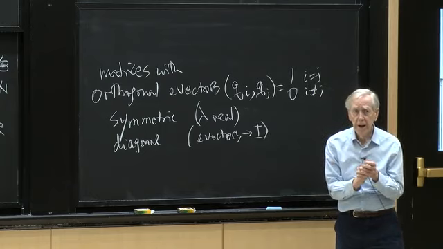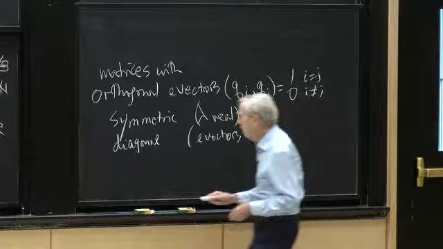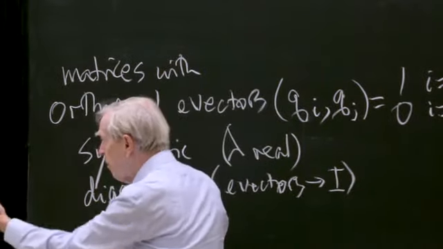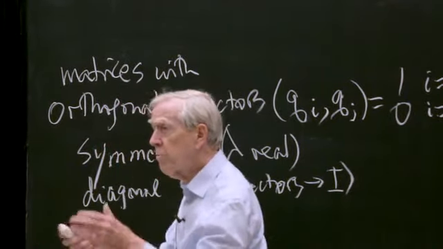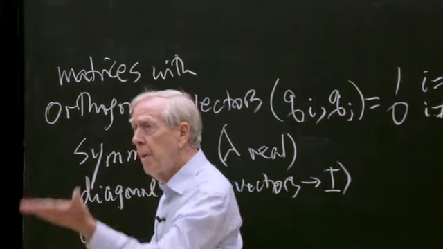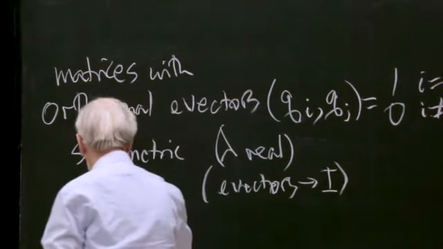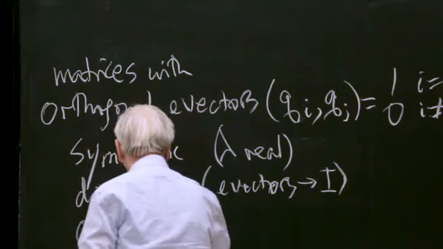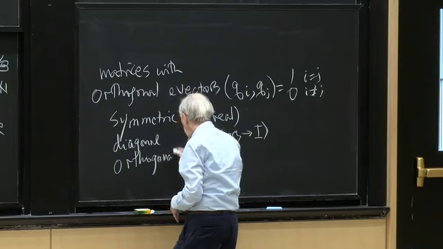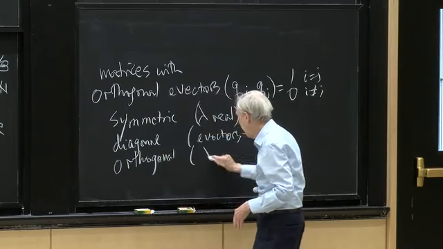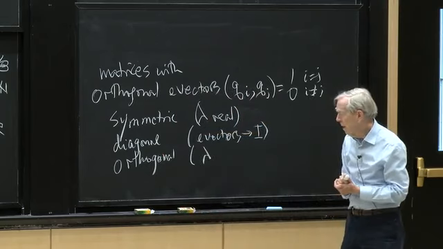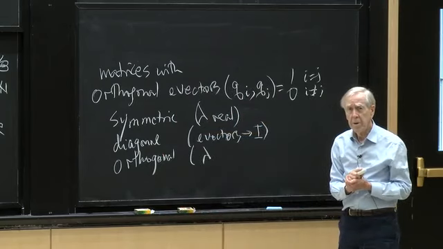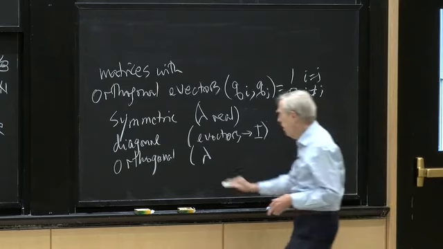Orthogonal matrices count. Orthogonal matrices, like permutations or rotations or reflections. And what's special about their eigenvalues? The eigenvalues of an orthogonal matrix have magnitude 1, exactly.